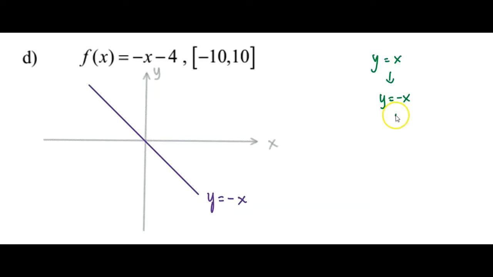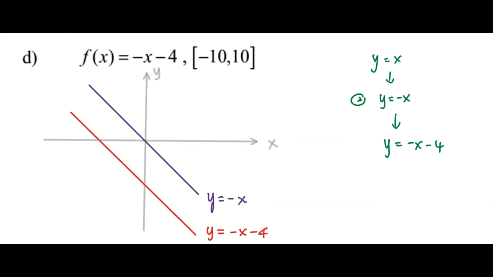From y equals -x, I'm trying to sketch y equals -x minus 4. Meaning that now the graph of -x will be moved down 4 units to produce -x minus 4. I use this red line to represent my y equals -x minus 4. Erase this off.